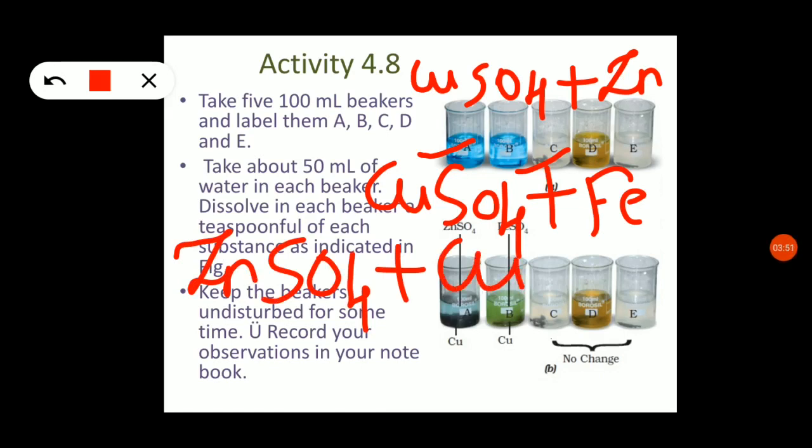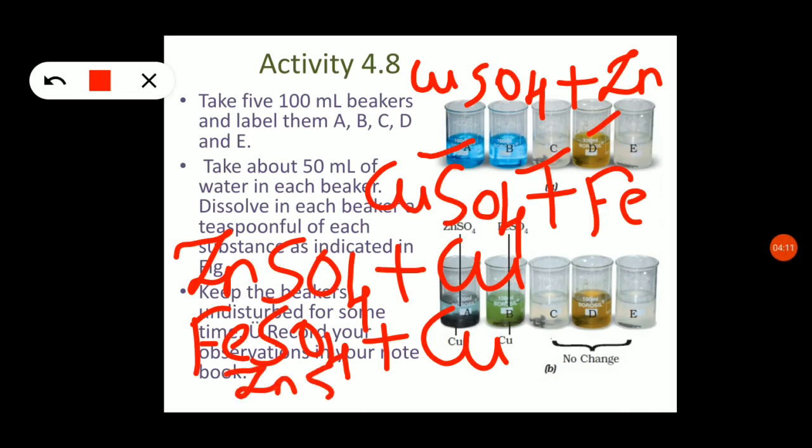And in the beaker D, you take iron sulfate and you add copper to it. And in the last beaker E, you take zinc sulfate and add iron nail. You keep this setup for a day, and next you observe the change in the color.